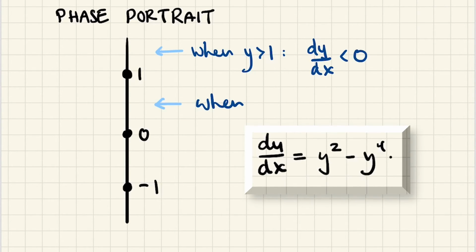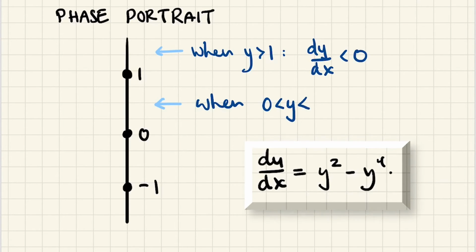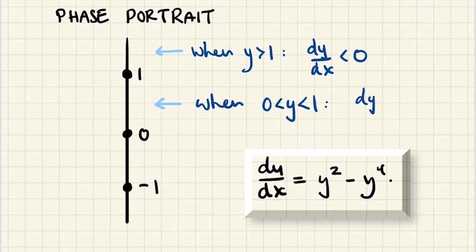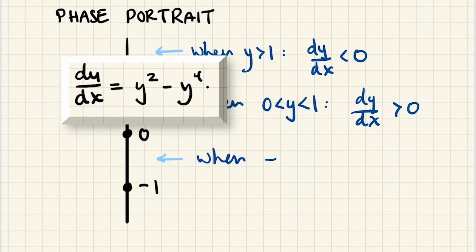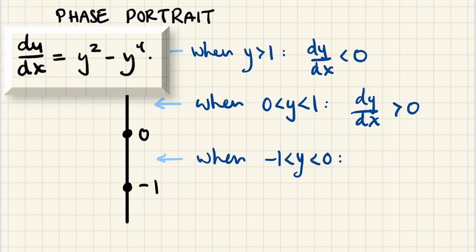When y is between 0 and 1, again, evaluate your dy/dx. Let's choose something like 1/2. 1/2 squared is 1/4, minus 1/16. Well, that'll be positive. Now let's choose something between -1 and 0, like -1/2.